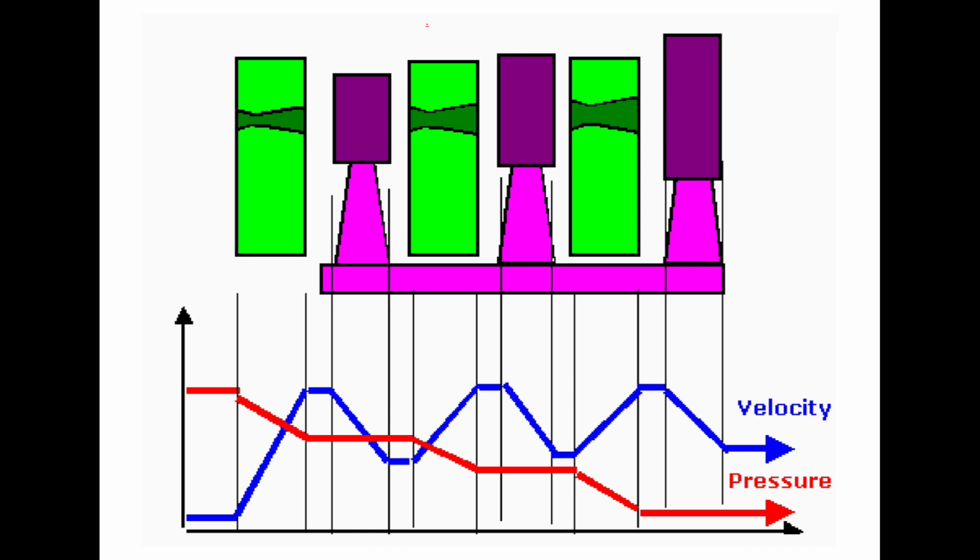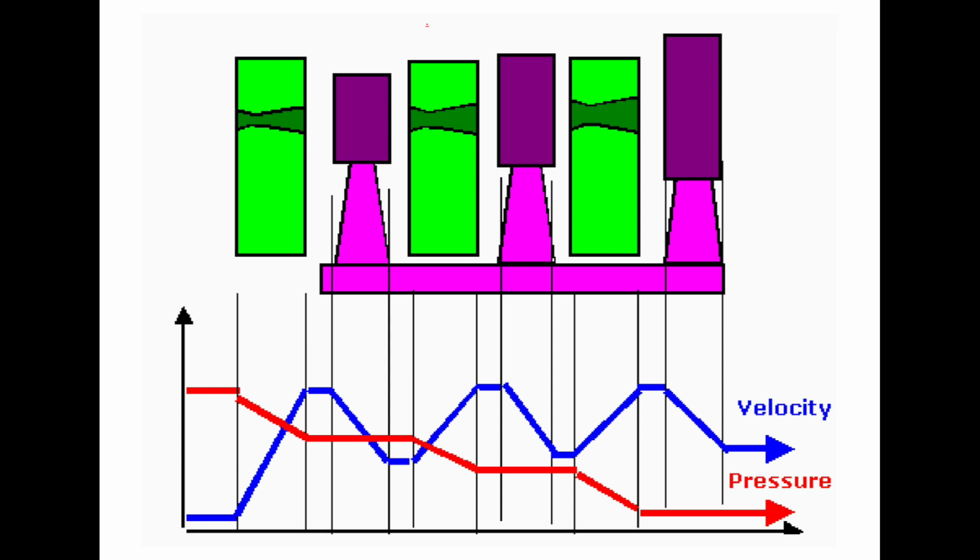After entering the moving blade region, it maintains constant pressure, and then again the pressure drops due to the nozzle. In that way, the pressure drops stage by stage till the exit of the last moving blade.